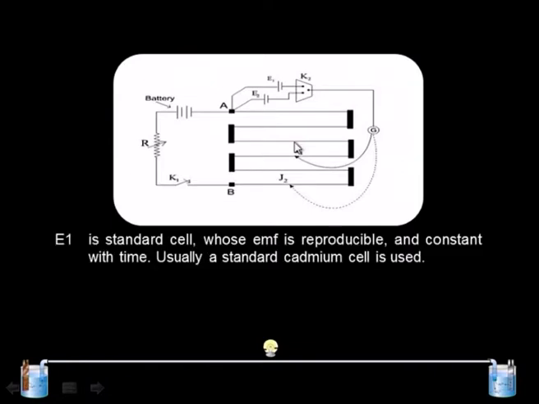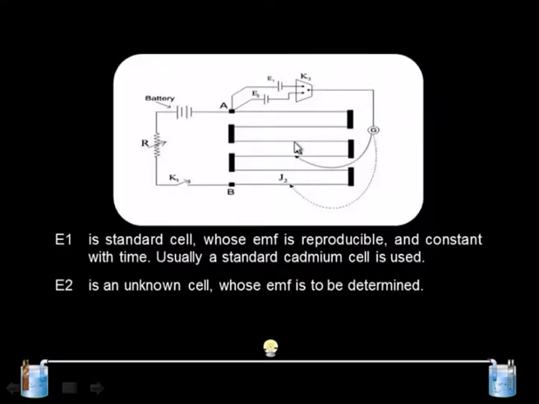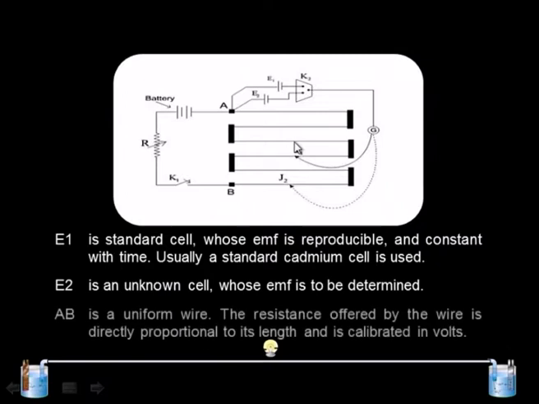Now, let us see what E1 and E2 are. E1 is a standard cell whose EMF is reproducible and constant with time. Usually for this purpose, a standard cadmium cell is used. E2 is an unknown cell whose EMF is to be determined.